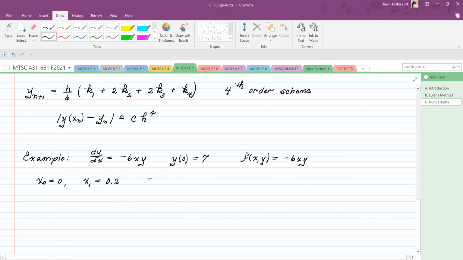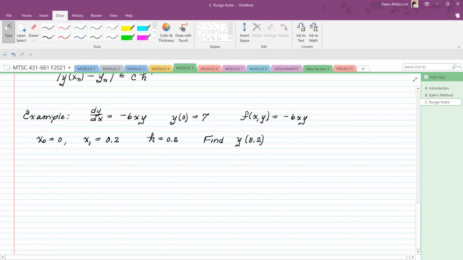So that means our h is 0.2, and we're trying to find y of 0.2. So we only want to do right now one iteration, just one. Now your code works rather fast, and that's really nice, so you can move forward fast with your code, but we're doing this by hand.